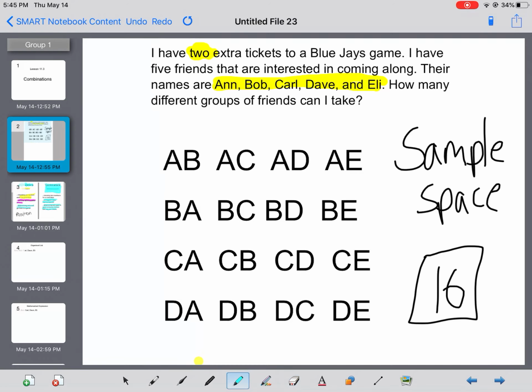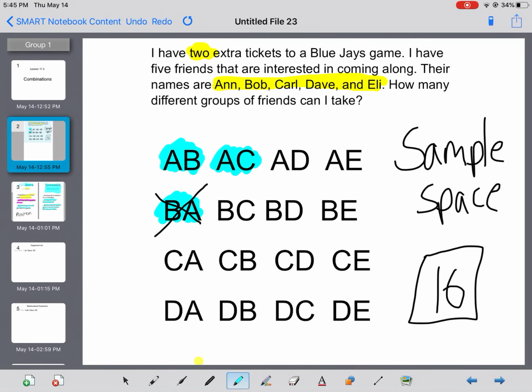If I have Anne and Bob going together, A, B, that's exactly the same thing as Bob and Anne going together. The order does not matter. So Anne and Bob and Bob and Anne are actually the same combination. So what we want to do is not count Bob and Anne as one of our options, because whether I say Anne and Bob come with me to the Jays game or Bob and Anne, it's the same thing.